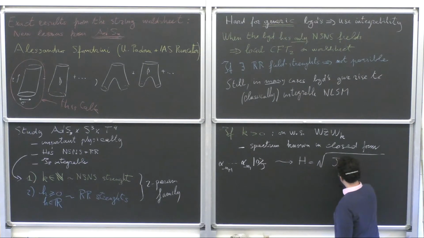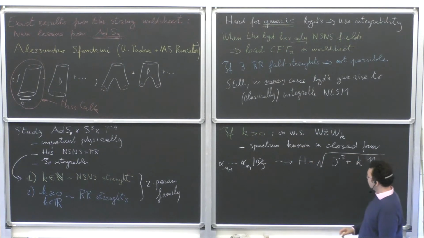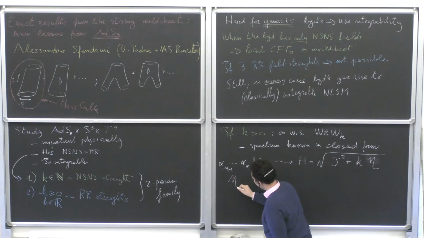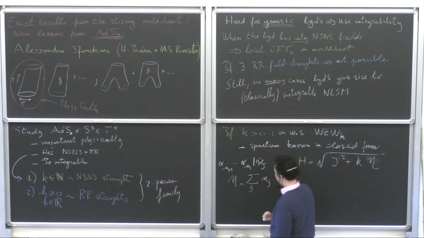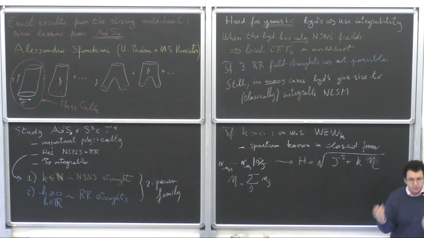It looks something like this, where k is the level, and this curly n is just the sum over j of these mode numbers nj. So from this formula, you see that not only is it very simple, not only is it a closed-form formula, but it's also enormously degenerate.